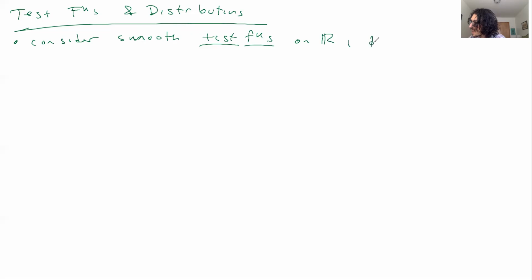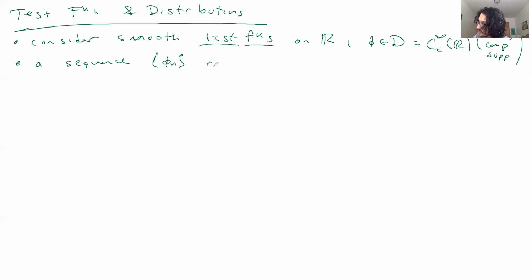Okay. And let's say phi is a test function, okay? And it needs to be compactly supported, and it'll be C infinity, okay? C infinity with compact support, okay? A sequence phi n, okay, converges to phi in this space of test functions, okay, if the following things are true, okay.